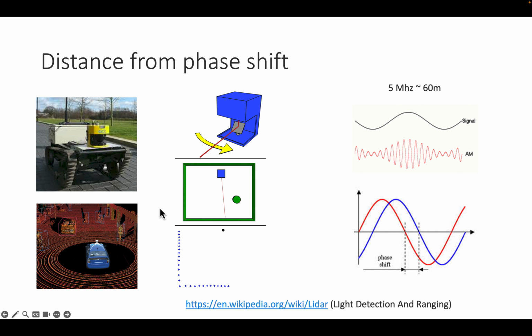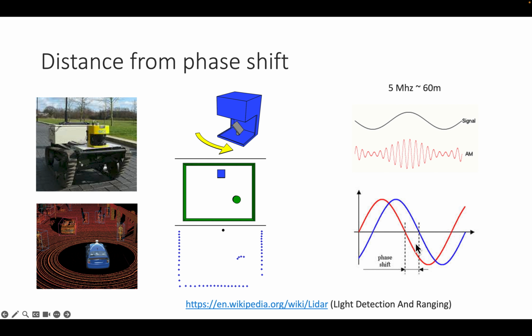But here I want to explain real quick how they actually work. The laser is at a very high frequency, and we can modulate a signal at a much lower frequency, like 5 megahertz, onto the laser. When I say modulate, the laser will actually turn a little bit darker and then brighter, and darker and brighter, at this frequency of 5 megahertz. What I get is a wave that stands in the air: here the laser is brighter, here it is darker, then very dark, and brighter again, and at some point it hits something and gets reflected.